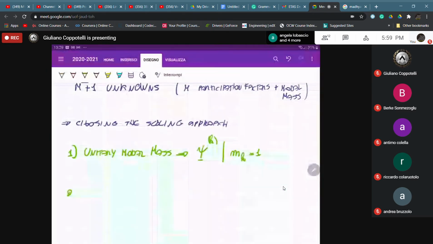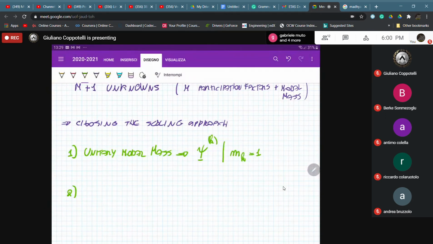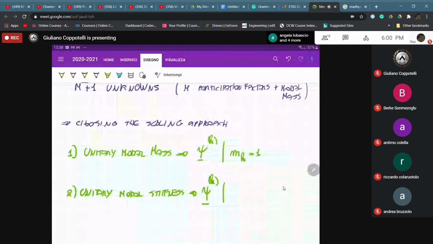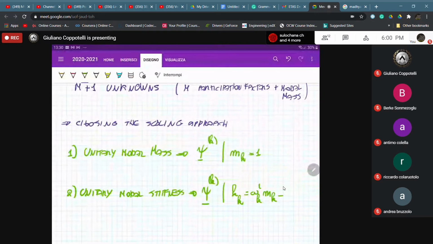The second choice is, for example, unitary modal stiffness. That means, once again, that you are evaluating the components of the K mode so that your modal stiffness associated to the K mode, that is equal to omega K square, is equal to 1.